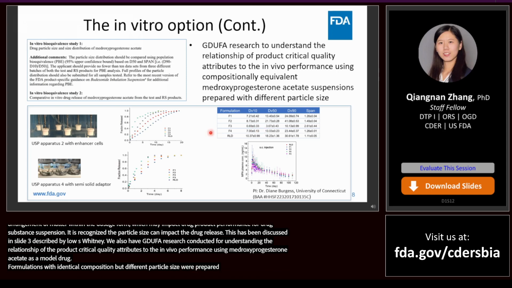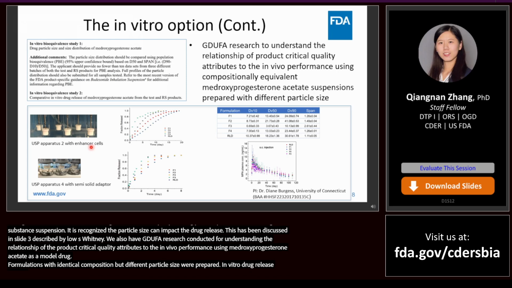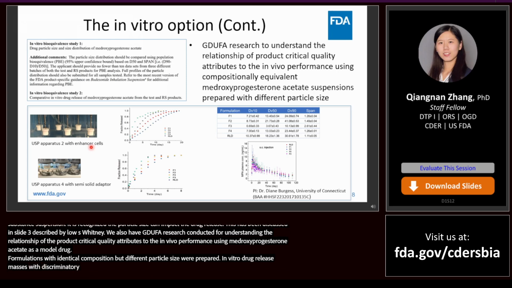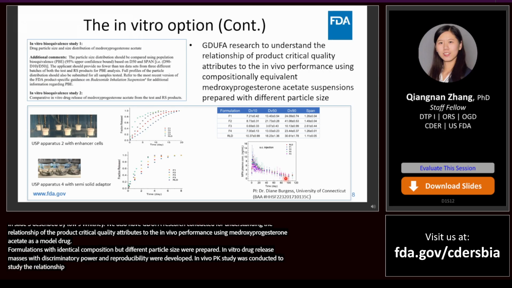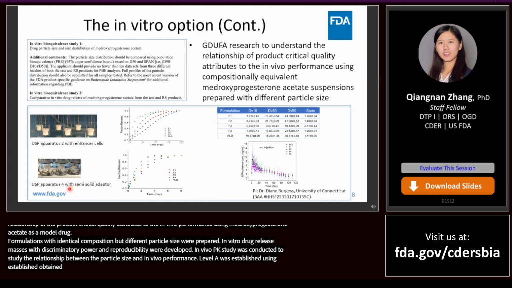In vitro drug release methods with discriminatory power and reproducibility were developed. An in vivo PK study was conducted in rabbit to study the relationship between the particle size and in vivo performance. A level A IVIVC was established using data obtained from USP apparatus 4 with semi-solid adapter method.